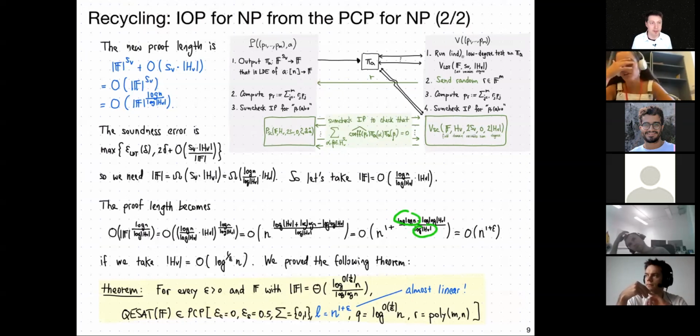Okay, great. I may have a question. So is there like a general result on this? Because we have seen that for this particular proof, moving from PCP to IOP gives a very efficient prover. But in general, is this always true?